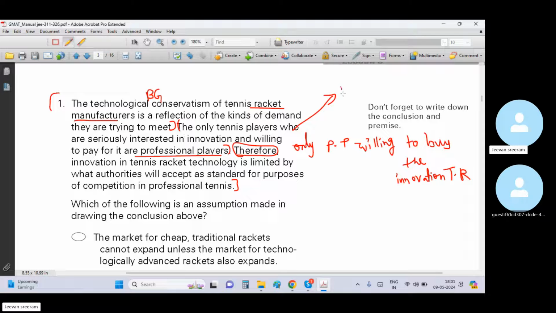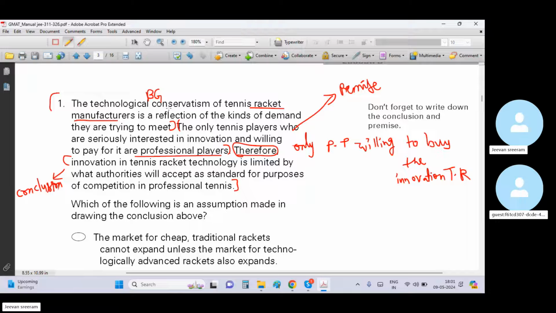Therefore, innovation in tennis racket technology is limited by what authorities will accept. Whatever idea comes after therefore is the author's conclusion or claim, what the author wants to convey ultimately based on the factual information he has presented.